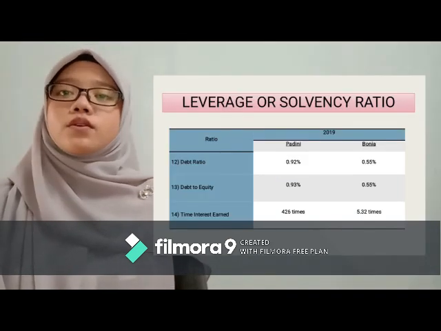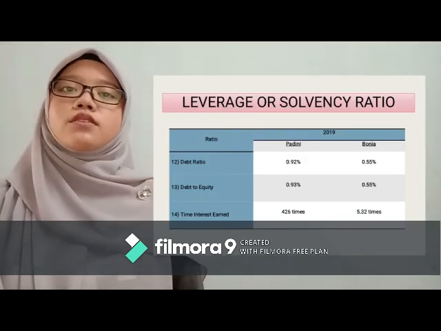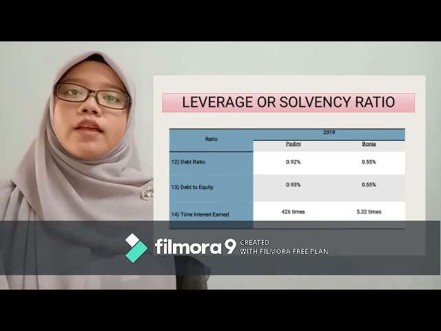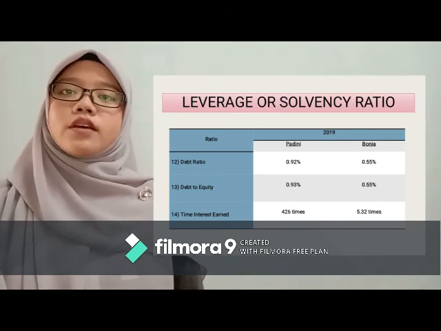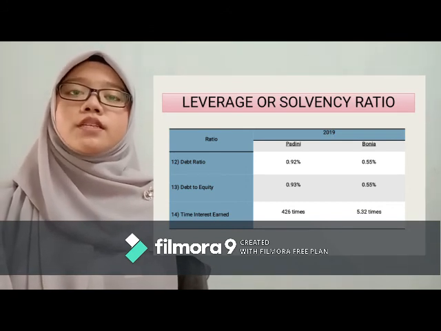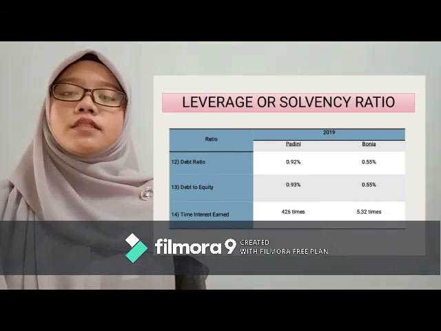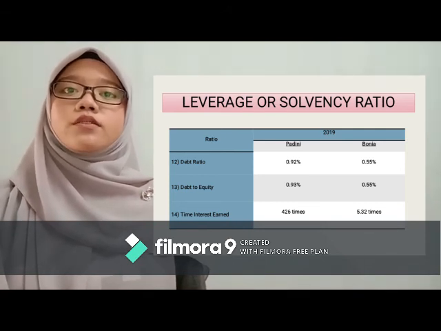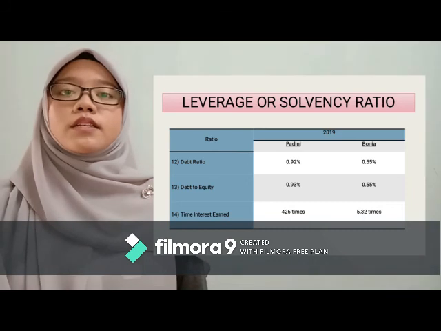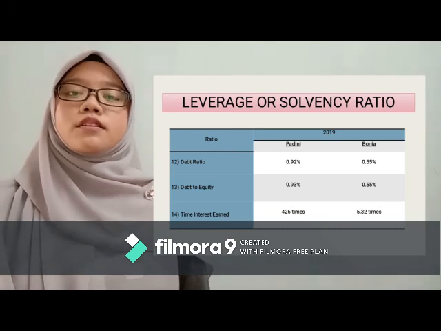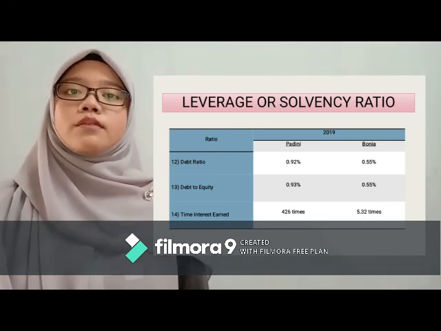The last ratio is the leverage or solvency ratio. In this ratio, there is the debt ratio. Padini was higher than the other company, which is 0.92%, compared to Bonia, which gets 0.55%.